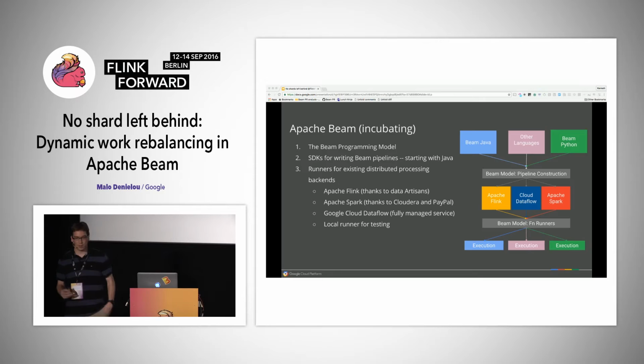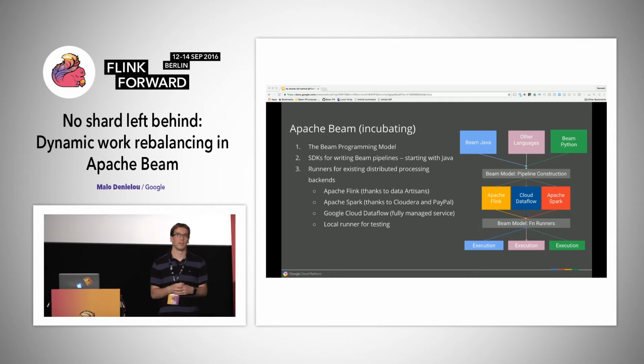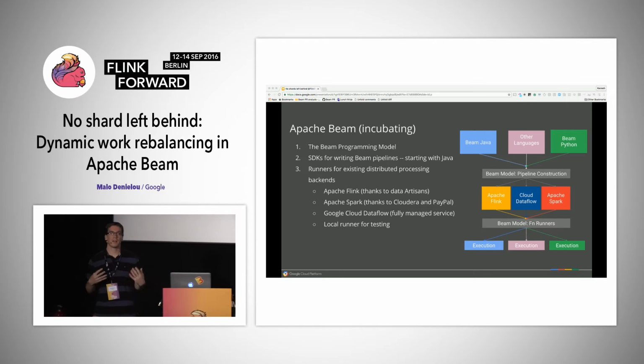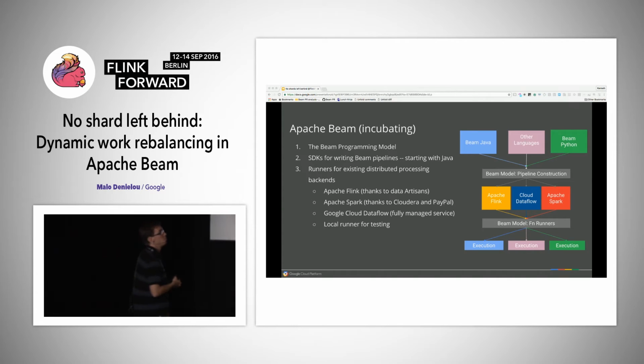So how does the Beam project work? Well, the Apache Beam project has three main components. The first is the Beam programming model, which is a theoretical model of how data processing pipelines can be specified. The second element is a set of SDKs for your favorite language that can take a program you write in this SDK and make it into a specification that is conformant to the Beam model.